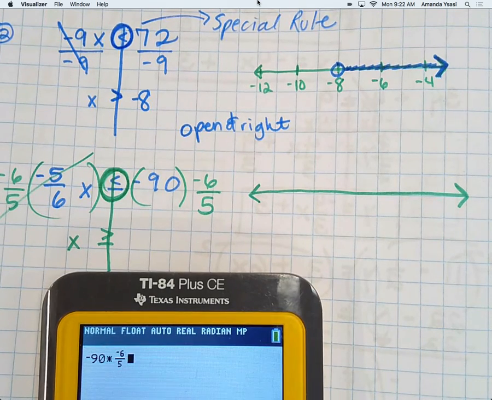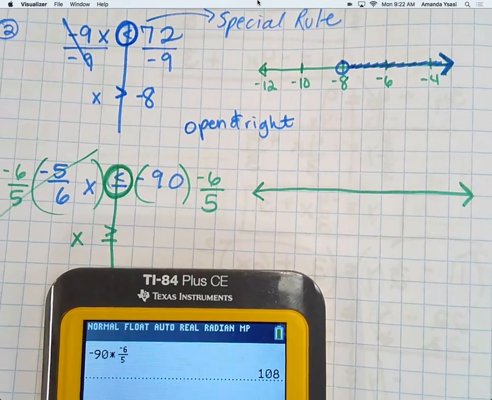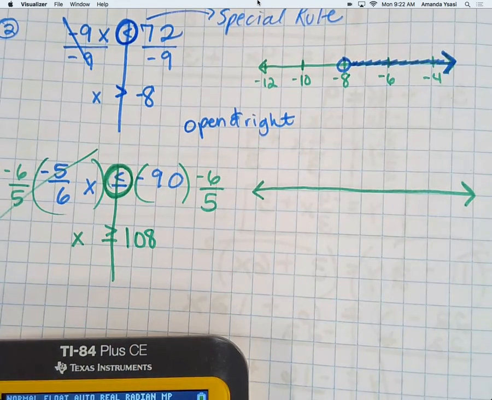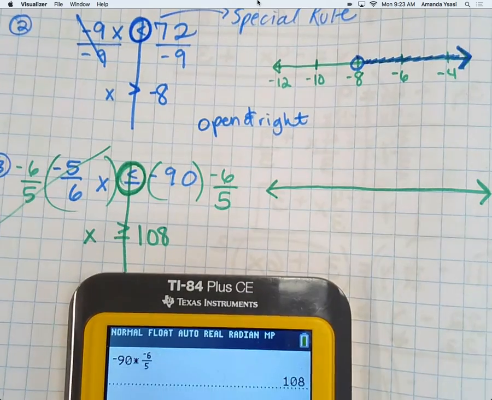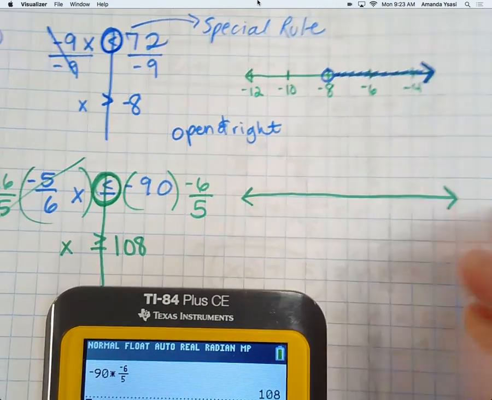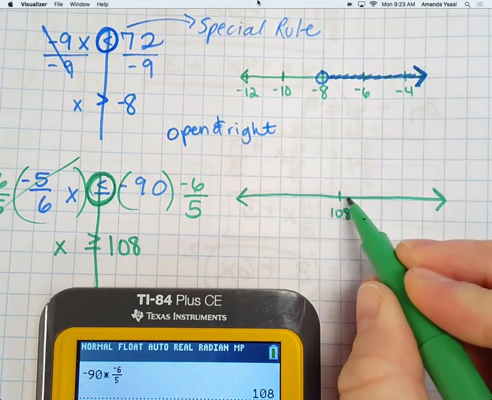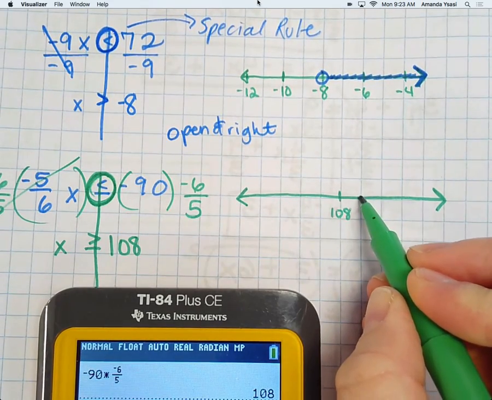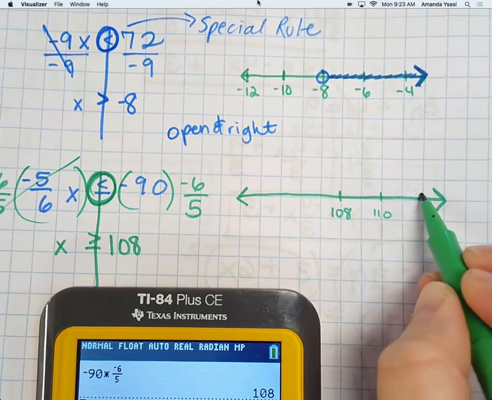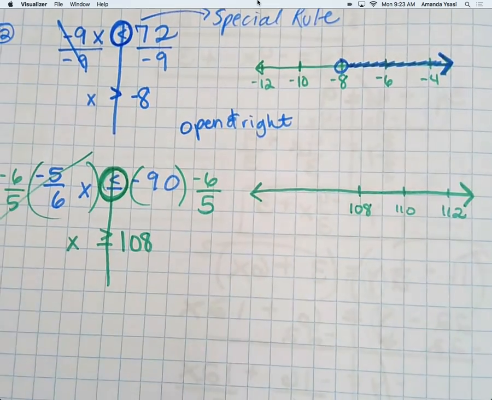Okay, when we push enter, what do we get? 108. All right, 108. x is greater than or equal to 108. So let's put in 108 in the middle. Going above, 109, 110, 111, 112. Going to go by twos.